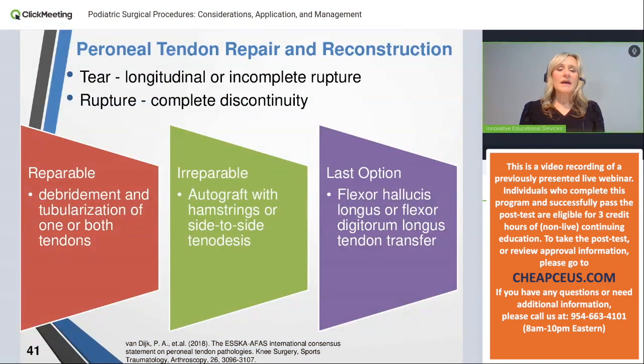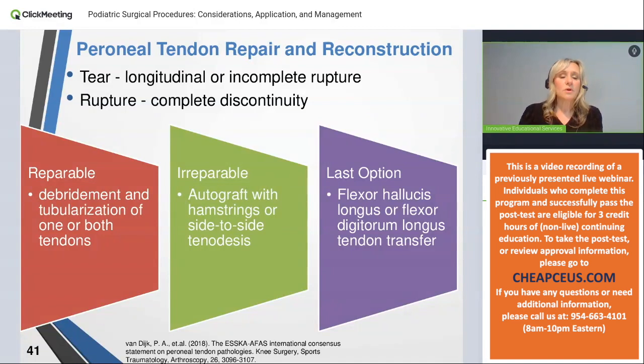When we look at our peroneal tendon, in addition to it not being stabilized in some instances where we need to reinforce that retinaculum or deepen that space to relieve pressure, we can also have conditions that arise where the peroneal tendon needs to be repaired or reconstructed. Tearing of the peroneal tendon is often a longitudinal, fraying kind of tear.